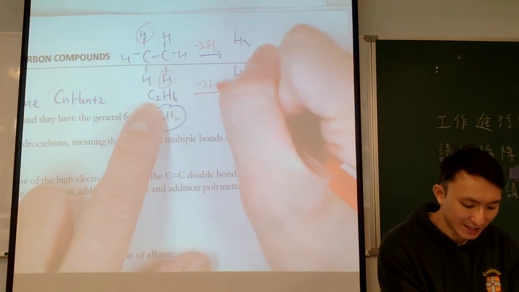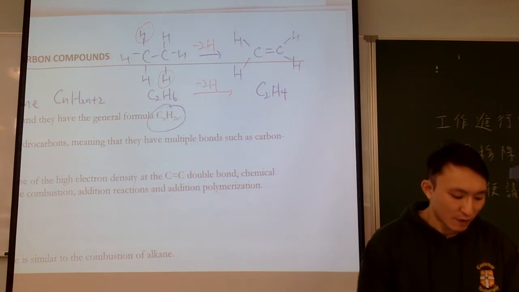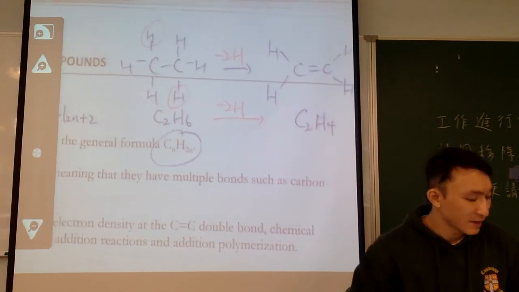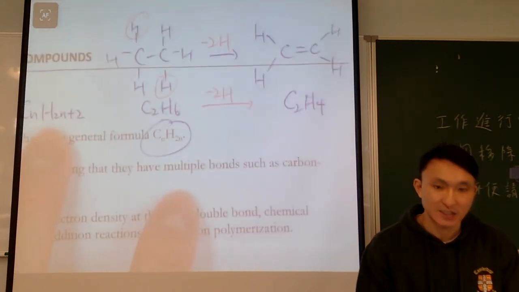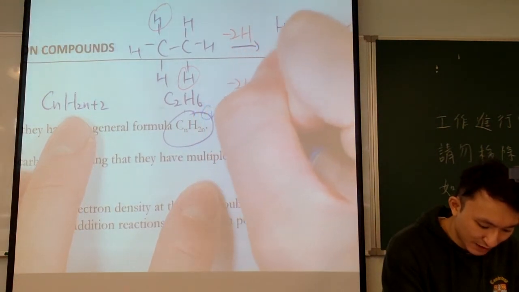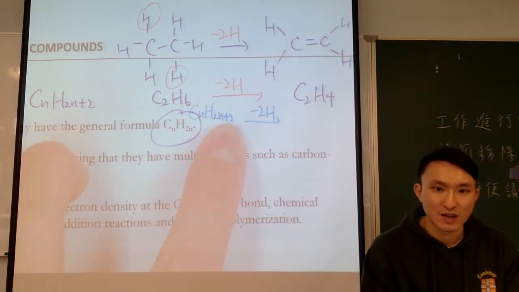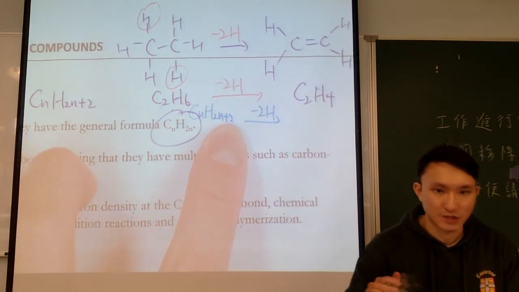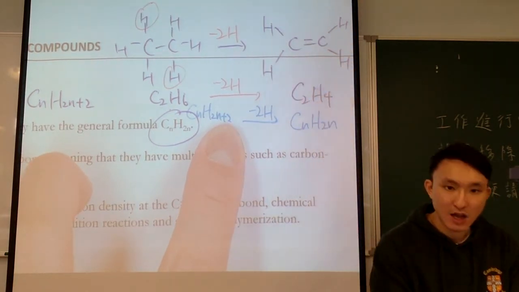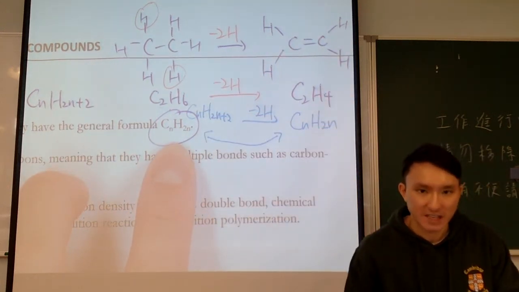Now, using the same idea, the general formula for alkane is CnH2n+2. If you subtract 2 hydrogen atoms from here, the plus 2 is cancelled out. Then we have CnH2n, which is the general formula of alkene.